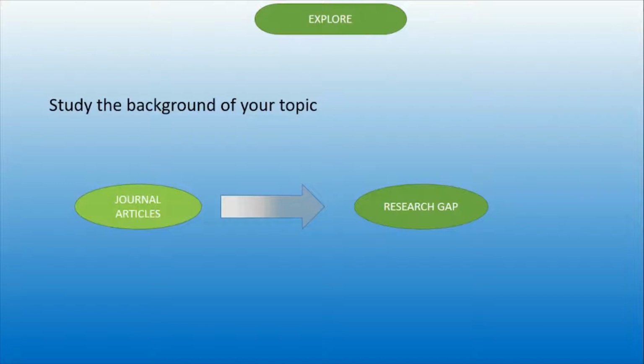And obviously, you find a research gap. You find that there are certain things that other writers may not have covered in their researches. Now, that is what you should focus on. That is a research gap that you should be looking for. What did other writers not talk about that you can talk about? That is what you should be looking for.